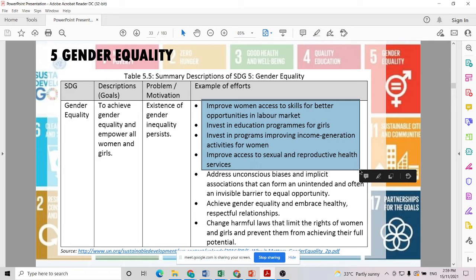Improve access to sexual and reproductive health services. Address unconscious bias and implicit association that can form an unintended and often invisible barrier to equal opportunity. So that is regarding gender equality.